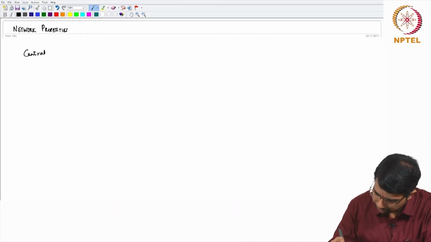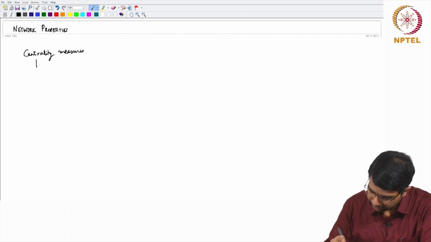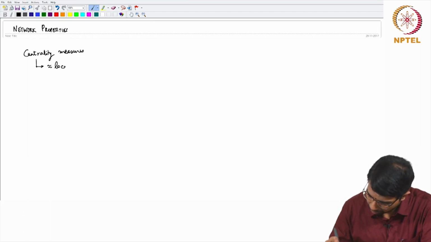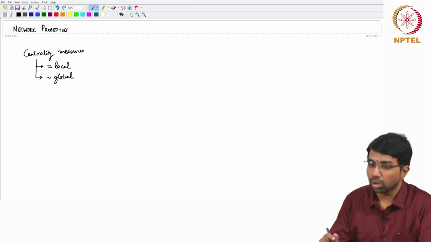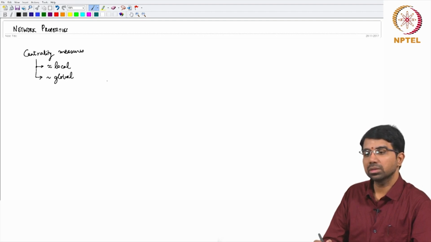So, we did look at several centrality measures, right, and these centrality measures could be local or global in some sense, right. So, is degree a local property? Yes. What about betweenness centrality?